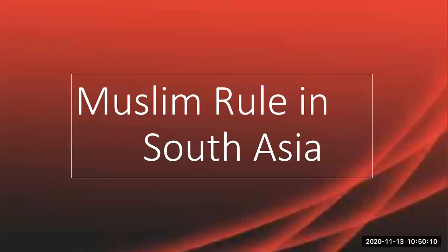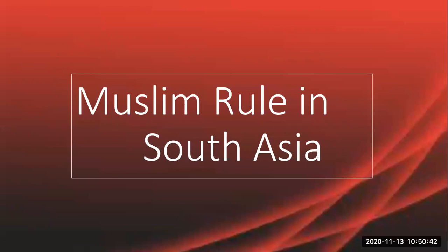This chapter also includes historical information. But one thing we can notice here is the name of the chapter is Muslim Rule in South Asia. It means we are going to see how many rulers there were of South Asia, but we would focus on Muslims. We would see how many Muslim rulers were there in South Asia. Okay, so your chapter starts on page number 67.